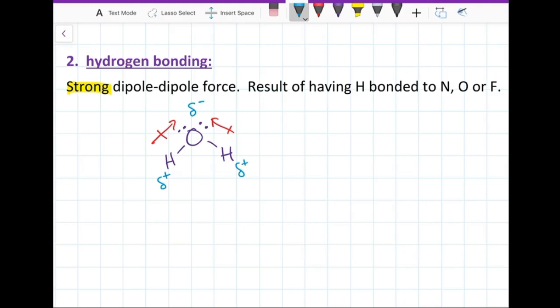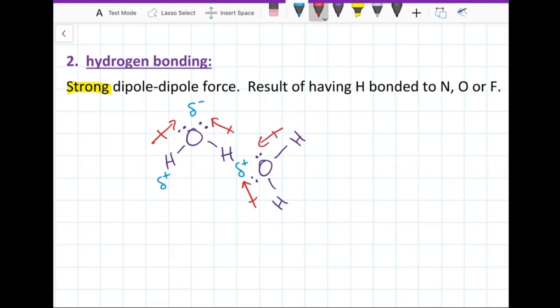But if I have another water molecule, that means that that second water molecule is going to interact with the first one in a very specific way. It's going to line up so that the oxygens are as close to the hydrogens as possible. Because, again, it has dipoles as well, and an overall dipole towards oxygen.